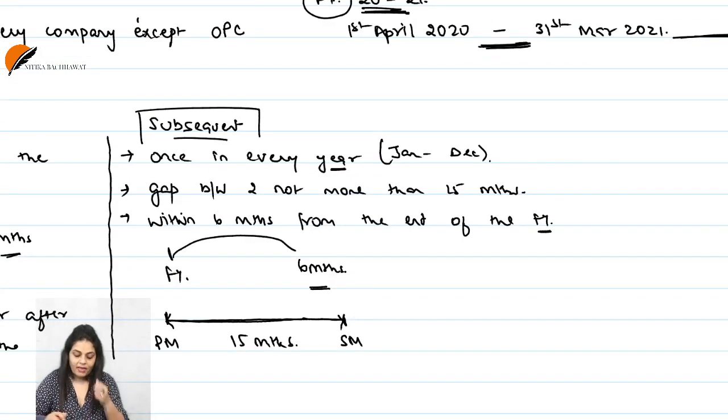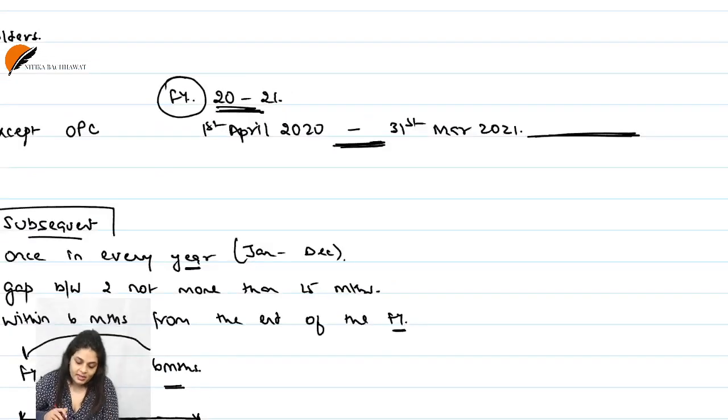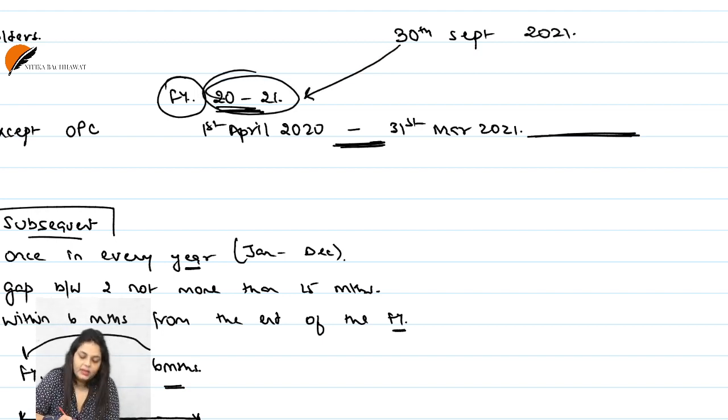So this is the time period for holding that meeting. I hope it's clear, because I told you once the financial year ends and then we hold the meeting for that financial year. So the meeting that I am holding now, I am holding it for the previous financial year, preceding financial year. So let's say if I am holding a meeting on 30th of September 2021, this meeting is for which financial year? 2021. I hope it's clear to everyone.